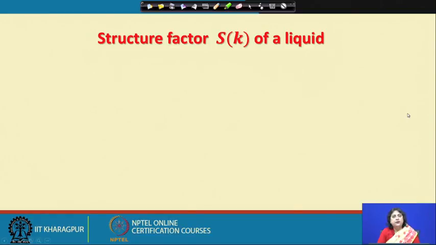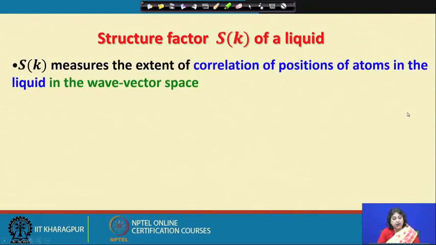And therefore, I would say that the structure factor of the liquid tells us the extent of correlation in positions of the atoms. But since I am measuring the structure factor in the wave vector space, that is S of k, the extent of positional correlation is measured in the scattering experiment in the wave vector space.